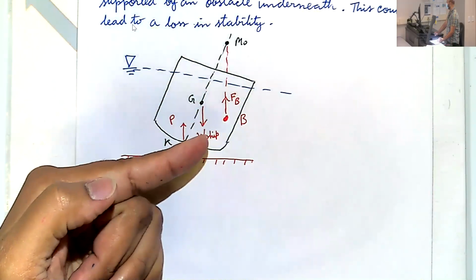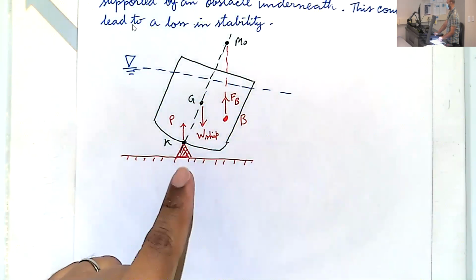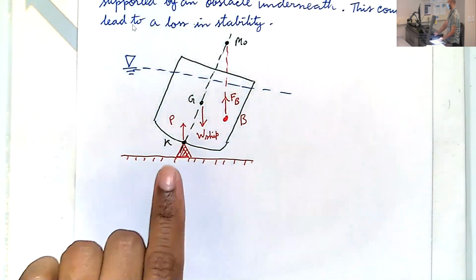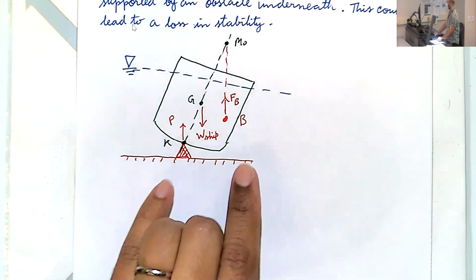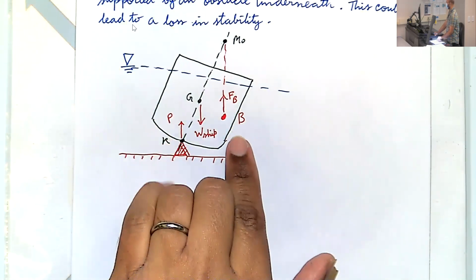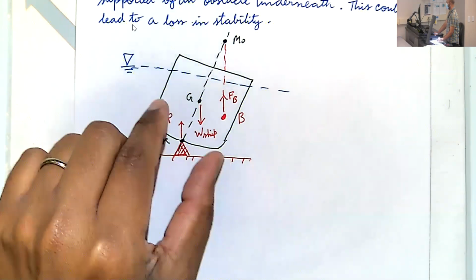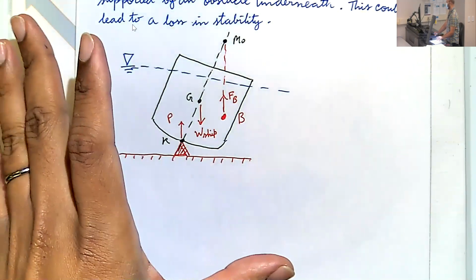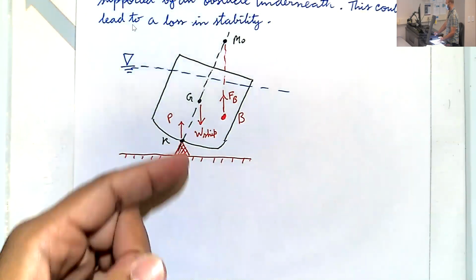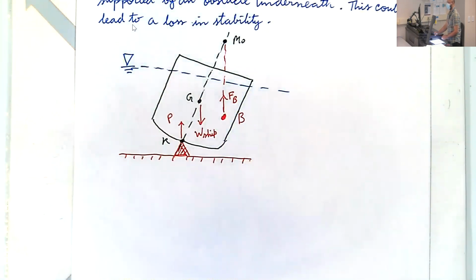Now, the weight of the ship is balanced by two things: the sum of the buoyant force as well as this extra reaction support from the ground. So in this case, the displacement will be lower than a freely floating hull. The amount of water you need to displace decreases because you are getting some support from the ground. You don't need to displace as much water.